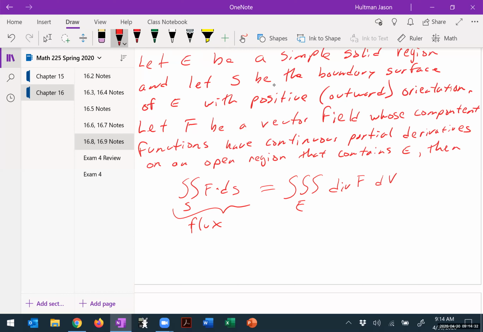So very similar to Stokes' theorem, right?